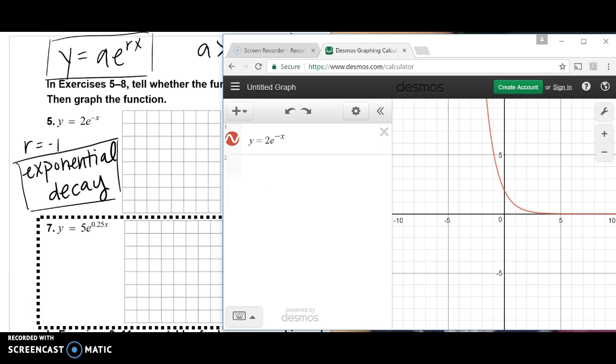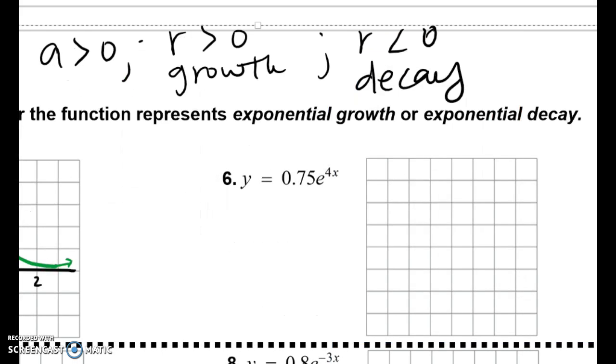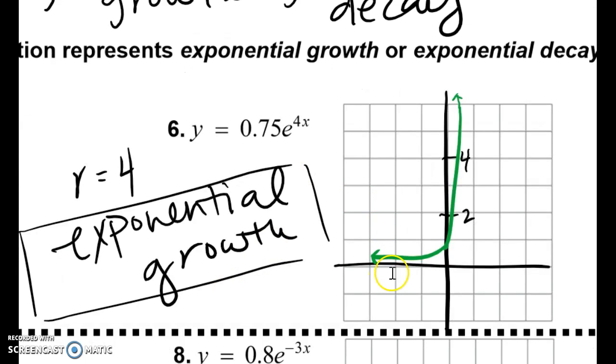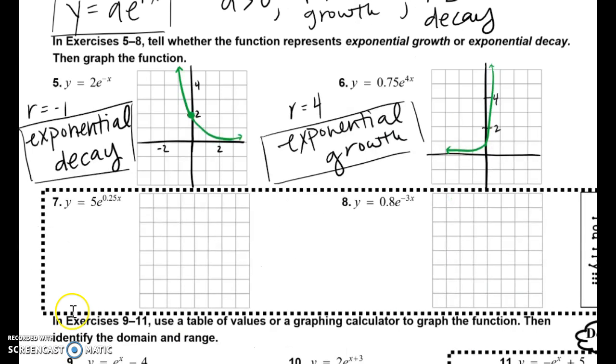Go ahead and draw that graph. Let's go ahead and do number 6. On number 6, a is greater than 0, and r equals 4. 4 is greater than 0, so that means we're going to have an exponential growth. Your graph should look like this. Once again, you can use Desmos.com if you don't have a graphing calculator. Now try and do number 7 and number 8 on your own.